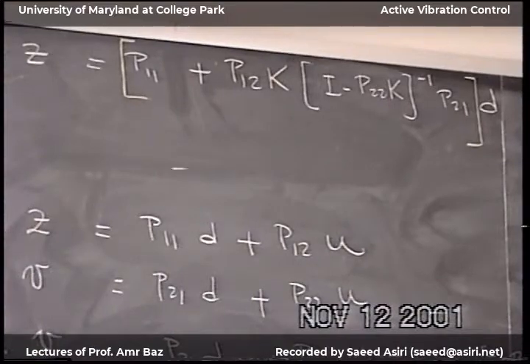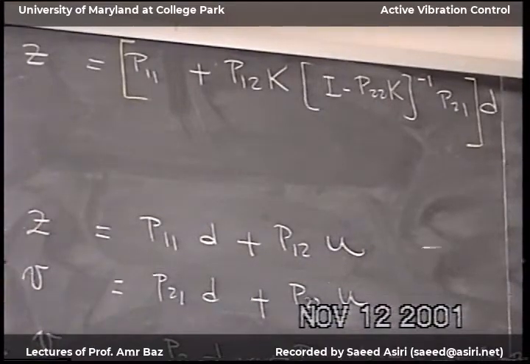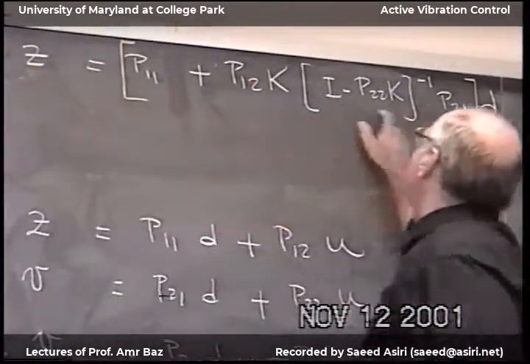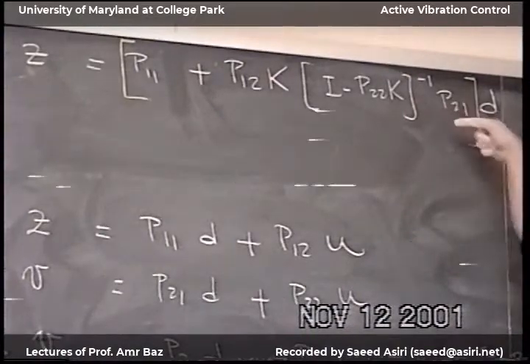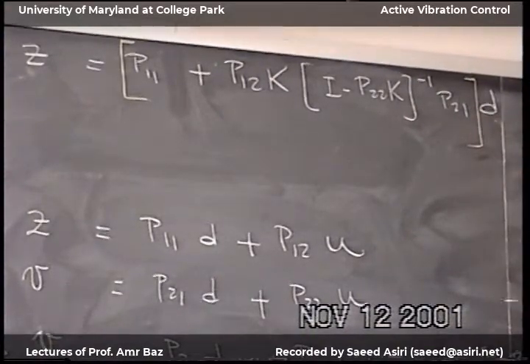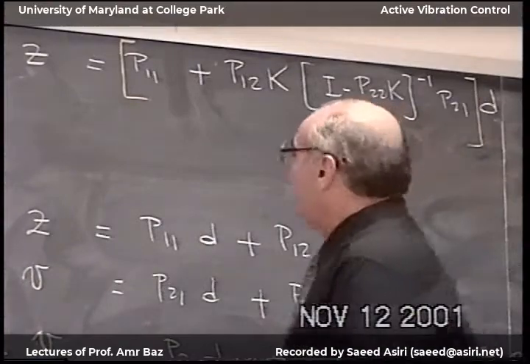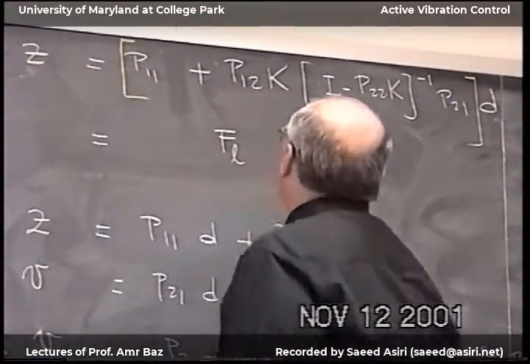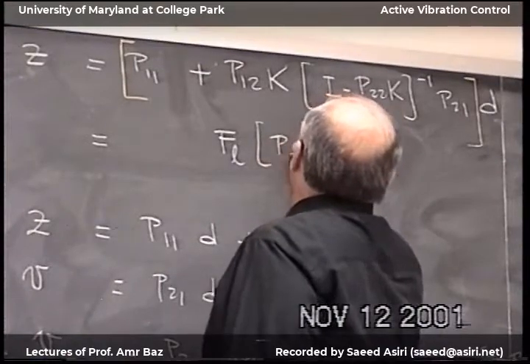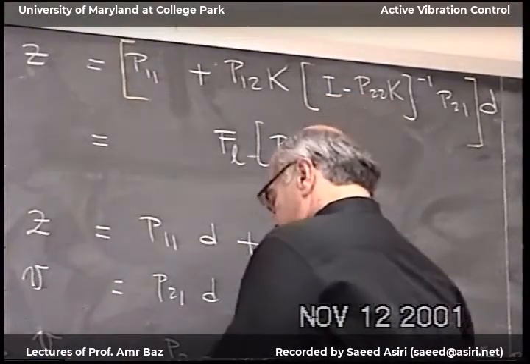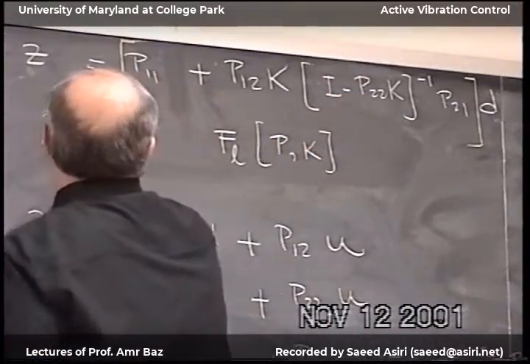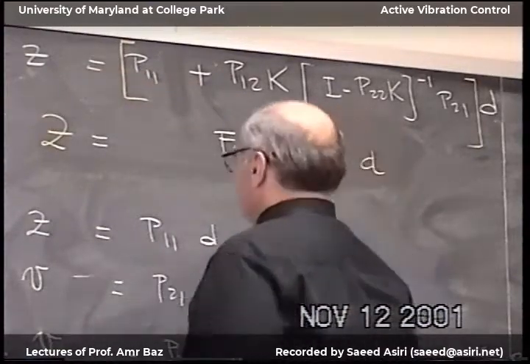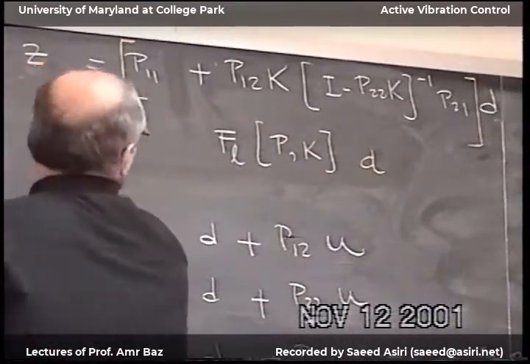So now the controlled output is Z, the disturbance is D, and the transfer function between them is this transfer function. This transfer function is called F, L, P and K, and this is Z, and this is the disturbance D.